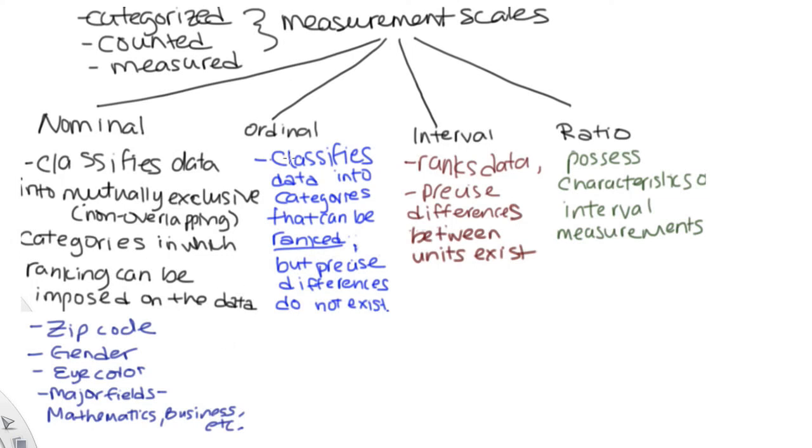Ordinal level data classifies data into categories that can be ranked, whereas nominal cannot be ranked.